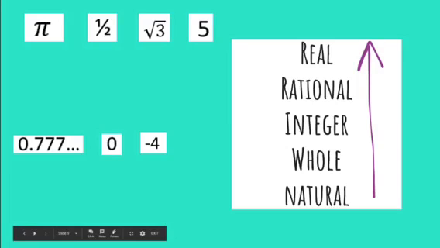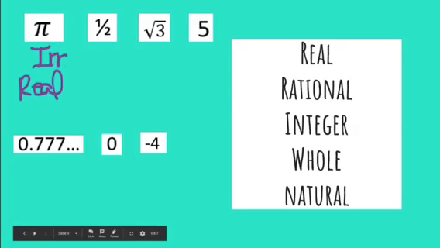We're going to start at the bottom and go up. So pi. Oh, right away, that's irrational. Irrational is not on this list because it is off by itself. If it's irrational, it is only irrational and real.